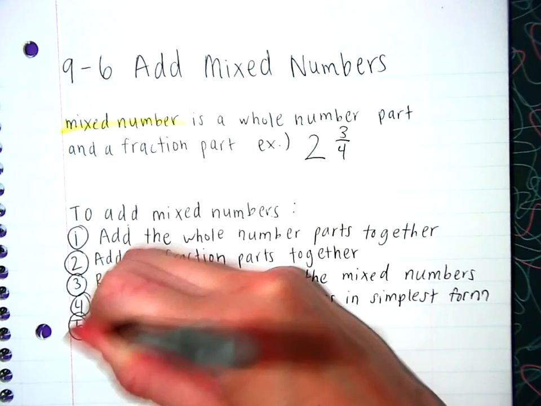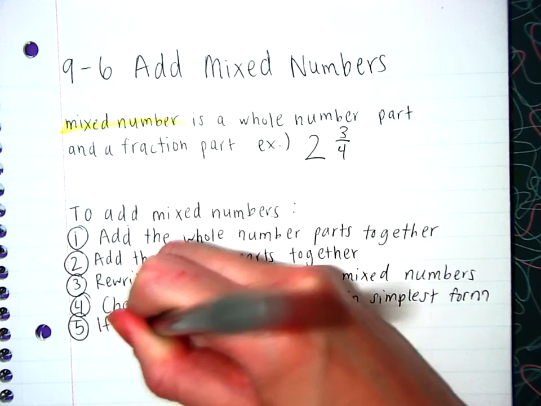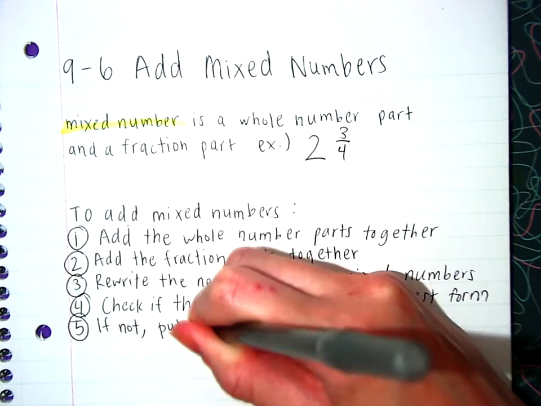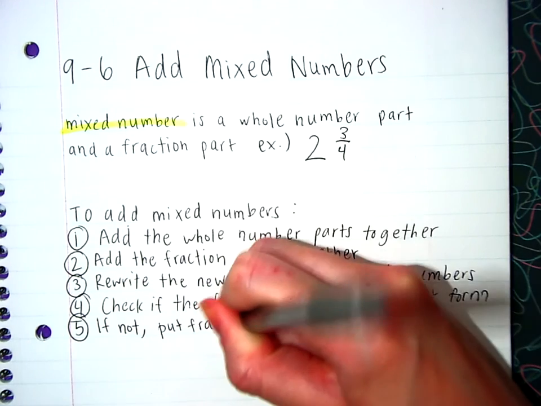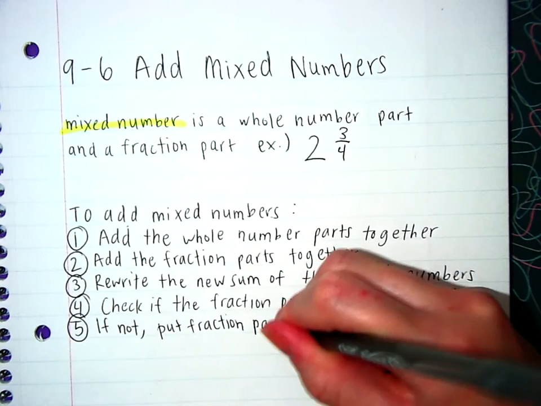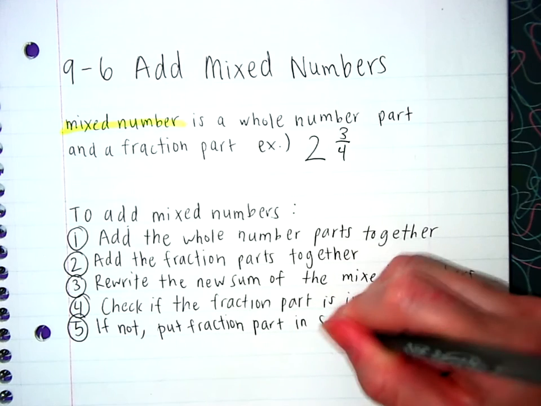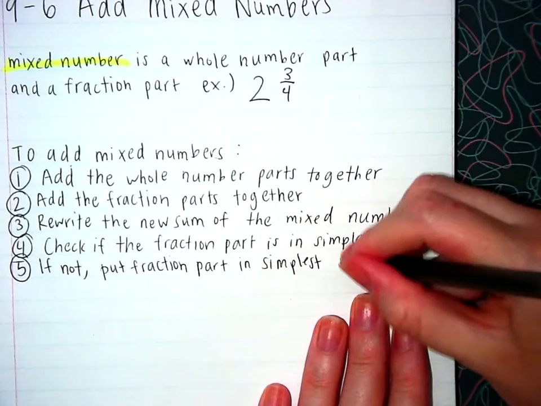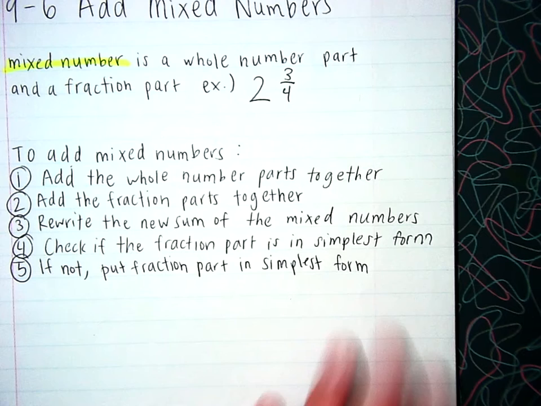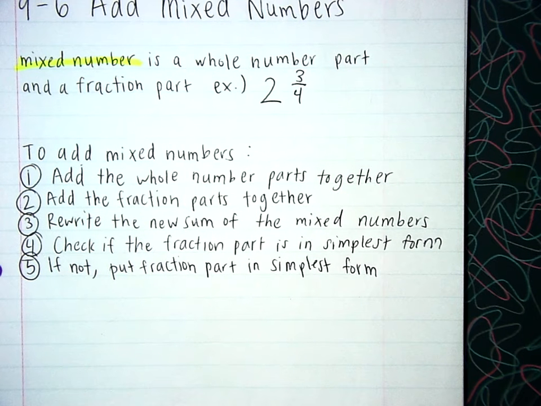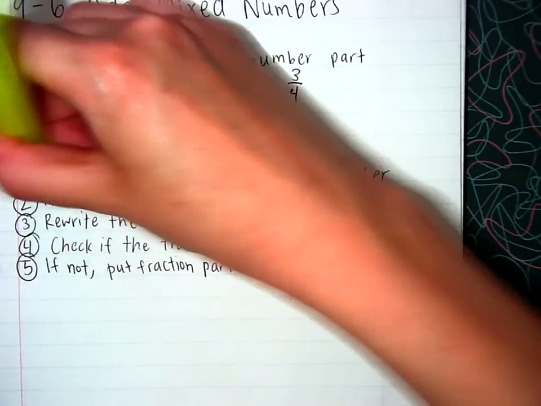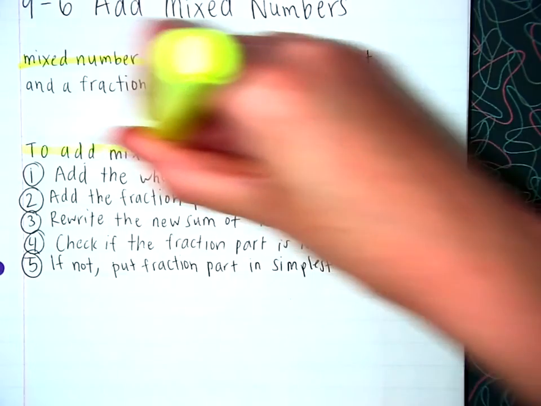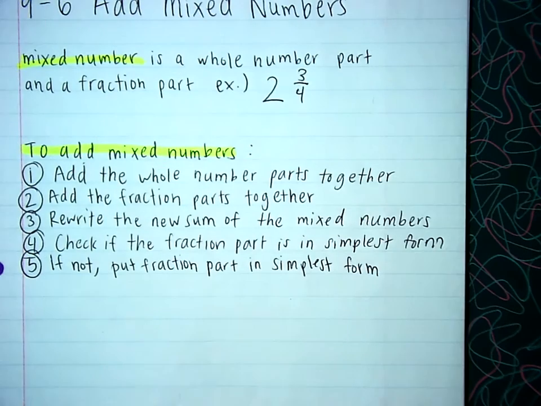If not, put the fraction part in simplest form. Those are the steps you must follow in order to add mixed numbers together. So these are the 5 steps. Follow these and you will be able to add mixed numbers.